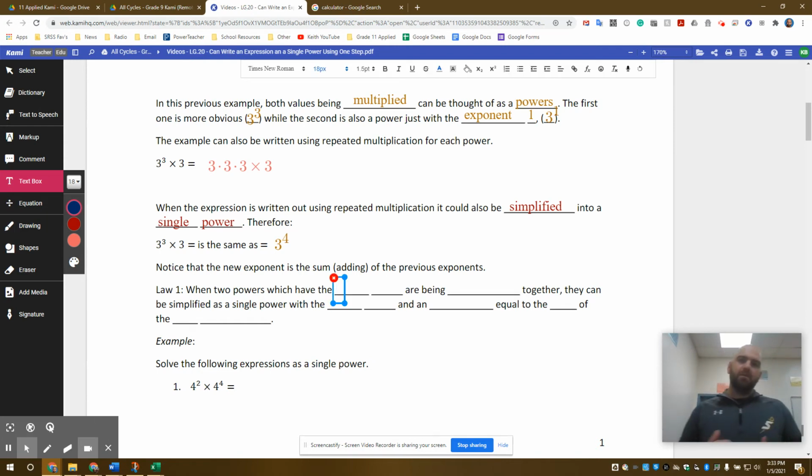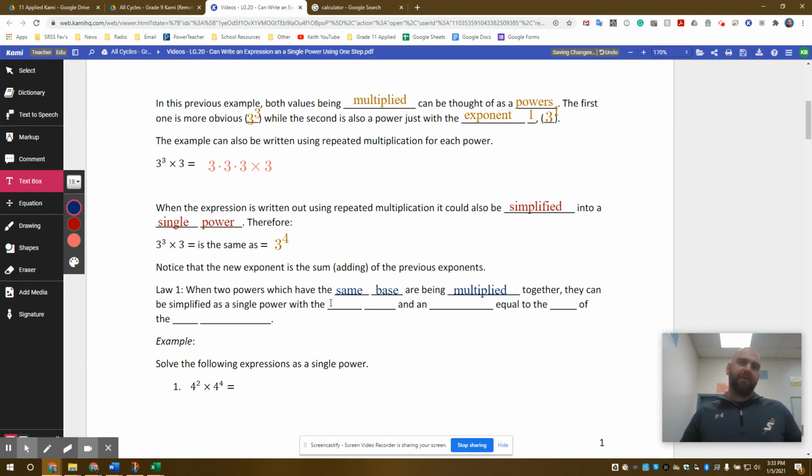When two powers which have the same base are being multiplied together, they can be simplified as a single power with the same base as the original and an exponent which is equal to the sum of the two exponents that we started with.